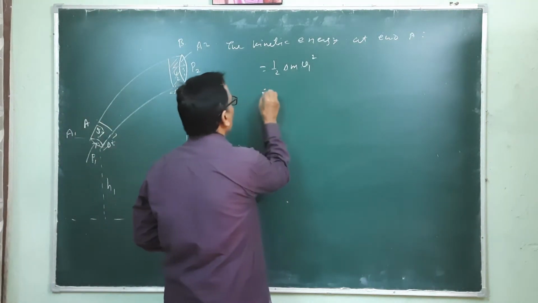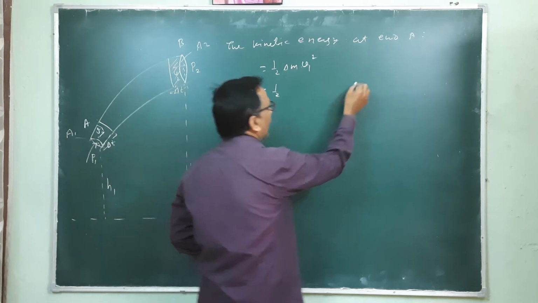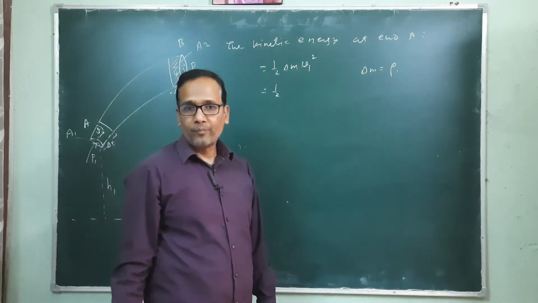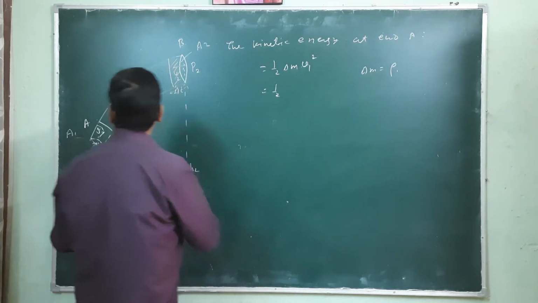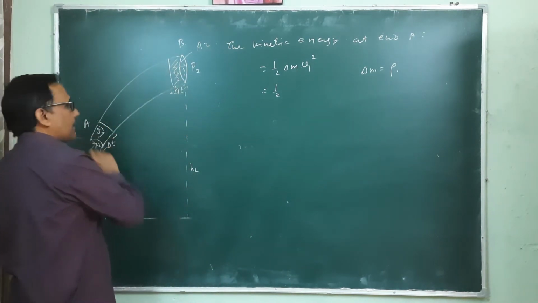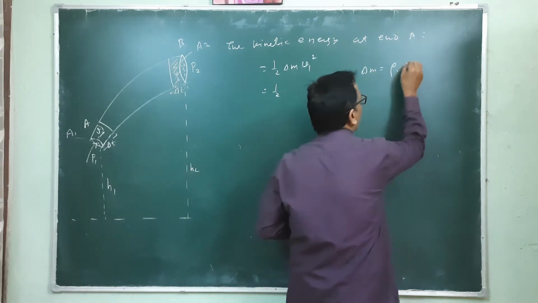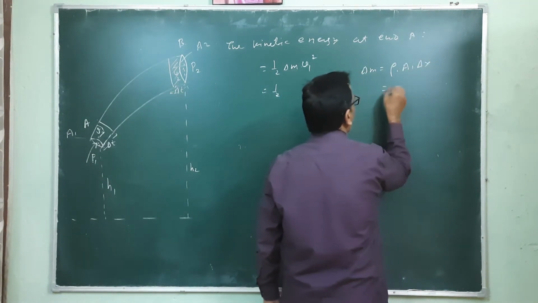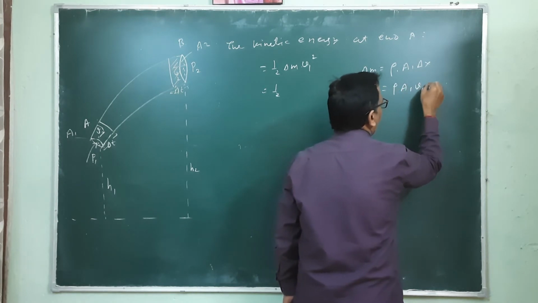So delta M can be written as rho, the density of the liquid, multiplied by the volume, which is the cross-section area A1 multiplied by delta x. Delta x is the shifting, and this is equal to rho A1 V1 delta T.